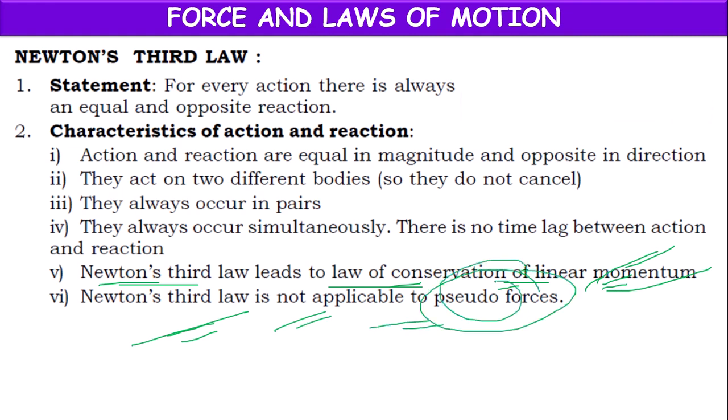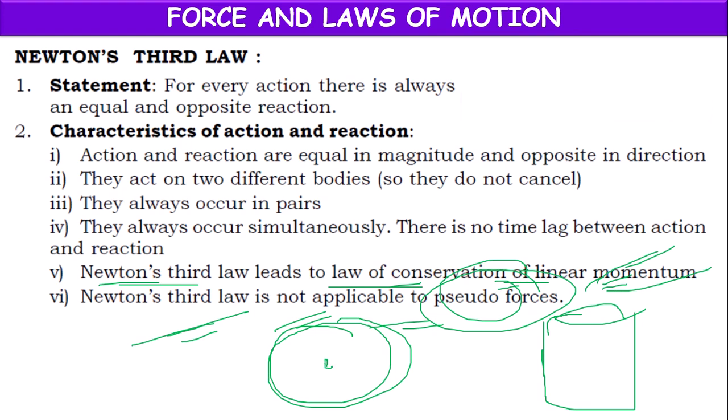Pseudo forces, suppose you take the example of a washing machine or any rotating object, where an object is moving in a rotating wheel. On the object, what forces will work? Why is it moving in a fixed place?